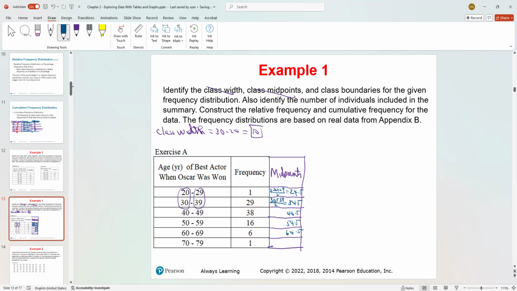And the last one, 70 plus 79 divided by 2, would be 74.5.